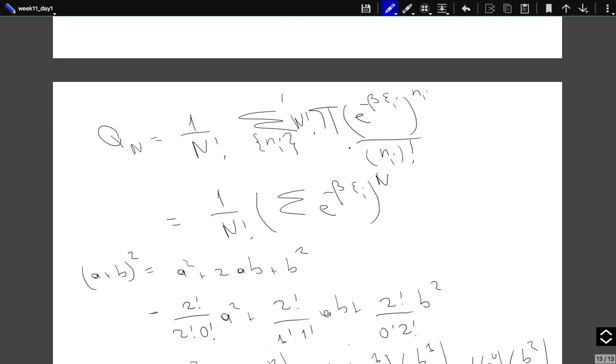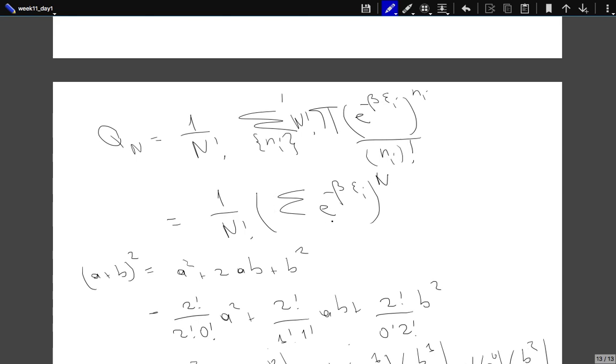You see here I have products of various terms with their powers. Each term is also divided by the factorial of the power, and the sum of the powers is fixed to n. So it's just this: if you just take the nth power of this sum, this is what you would get.